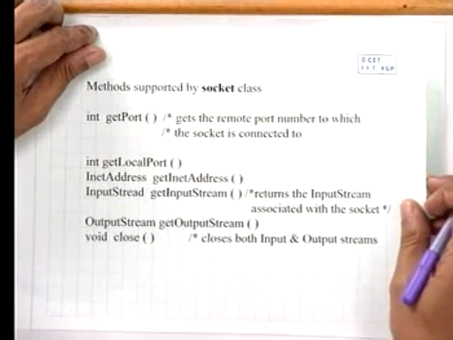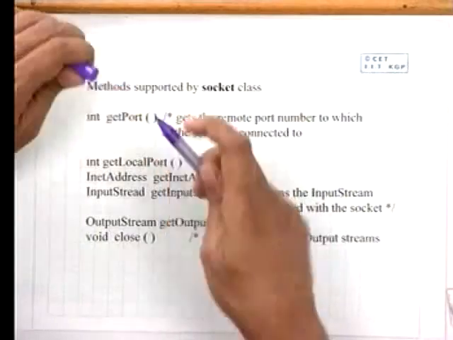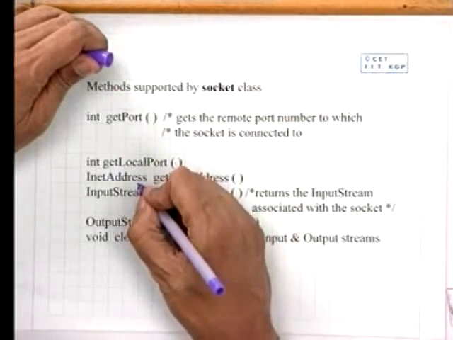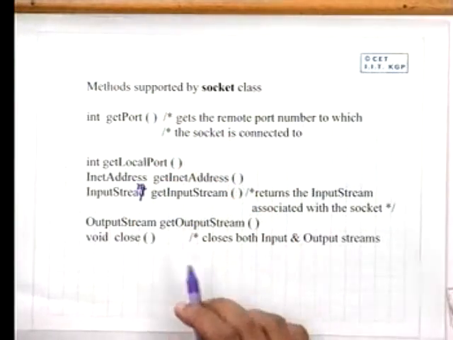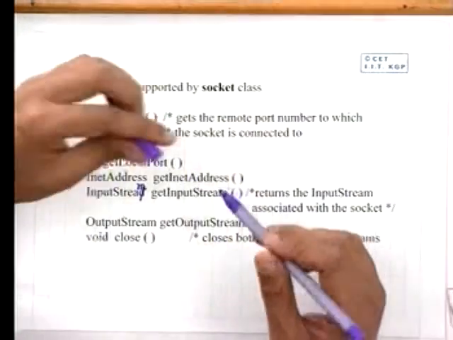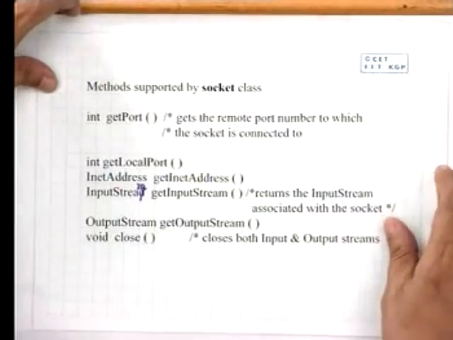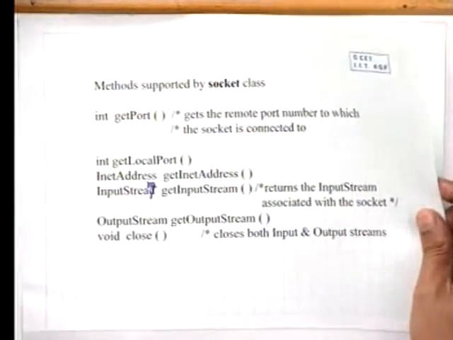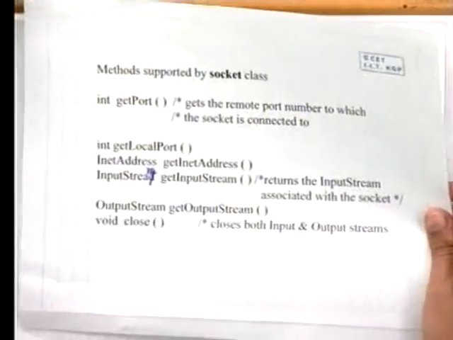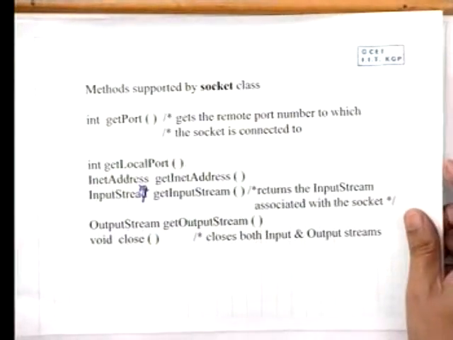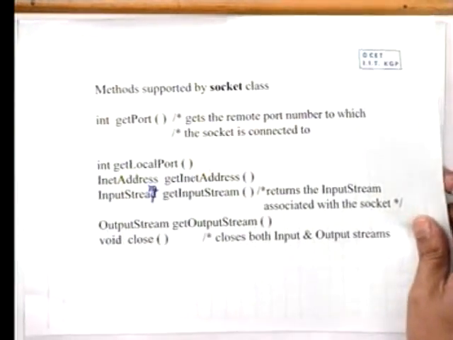Similarly, getOutputStream will allow us to get the output stream attached to the socket. And finally, there is a call called void close, which closes both the input and output streams.